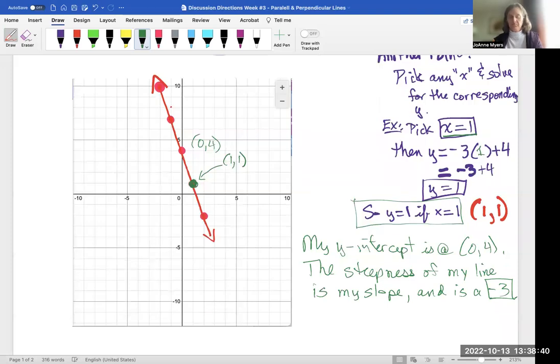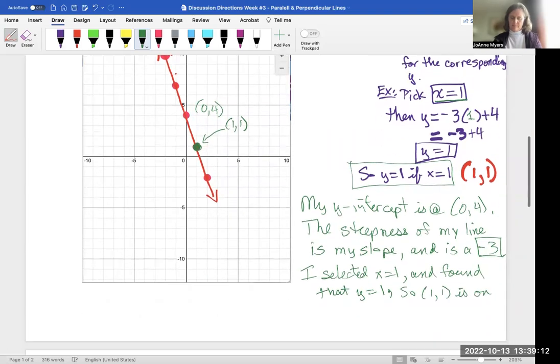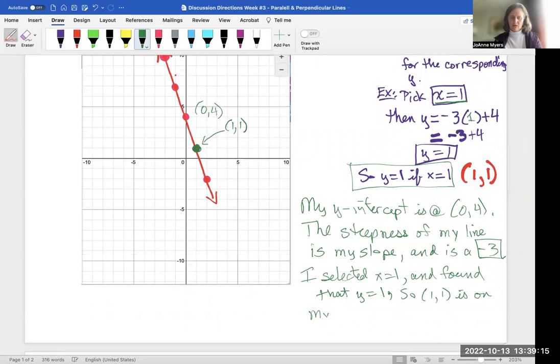And then the point I selected, x equal 1, and found that y equals 1. Sorry. So the point 1, 1 is on my line. It's on my line.